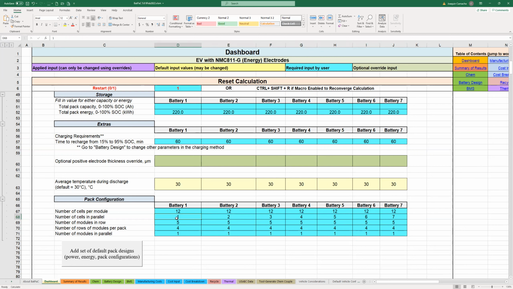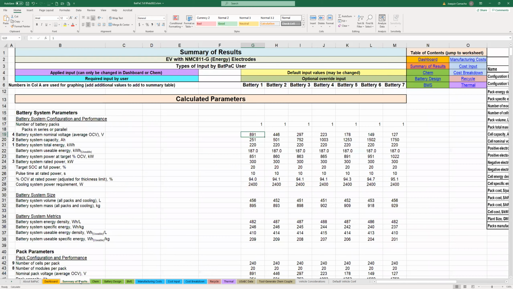So it seems like for the Rivian, for the capacity of 220 kilowatt hours with a kilowatt rating of 300, you need to have 1 cell in parallel to have a high voltage. Okay, let's go with that.